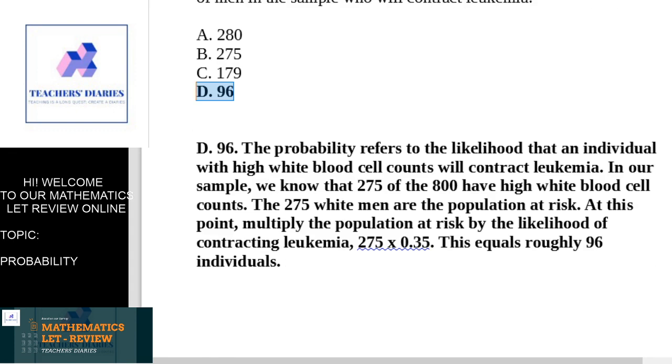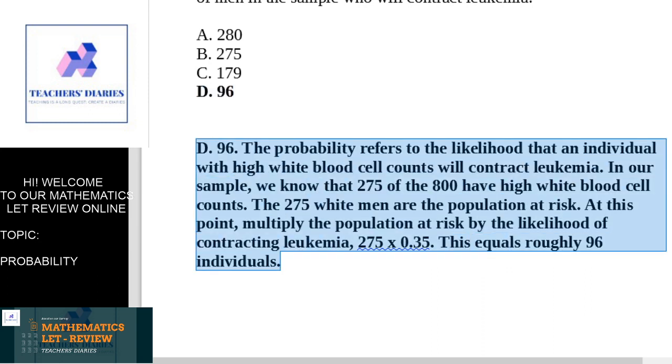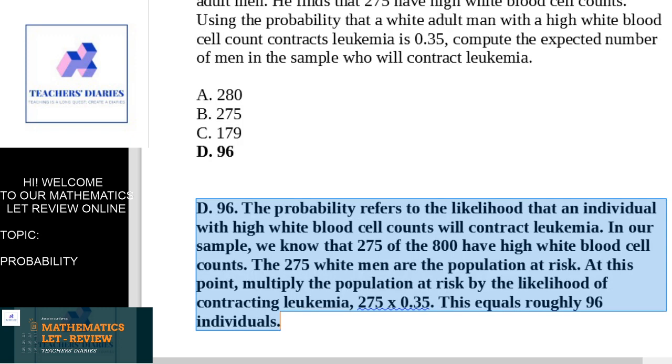The probability refers to the likelihood that an individual with high white blood cell counts will contract leukemia. In our sample, we know that 275 out of 800 have high white blood cell counts. The 275 white men are the population at risk.